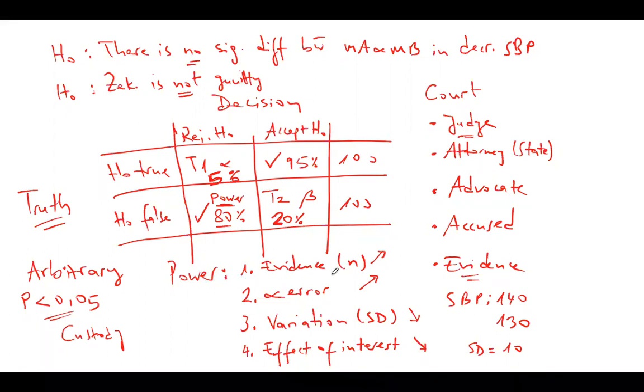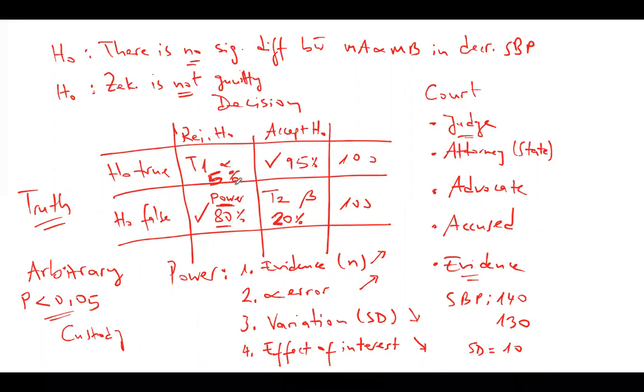If you want to have low type 2 error, or if you want to increase your power, you have to increase your sample size. You have to increase the evidence. You have to collect more evidence. This is the maximum tolerance, you know. Nobody is telling you to make 20% beta error, or 5% alpha error.